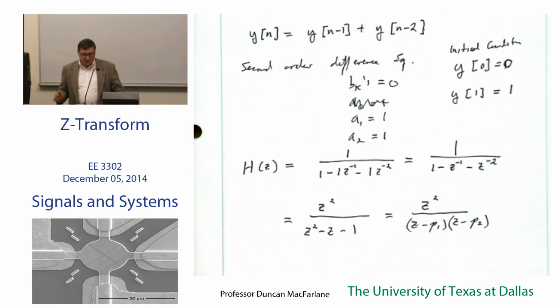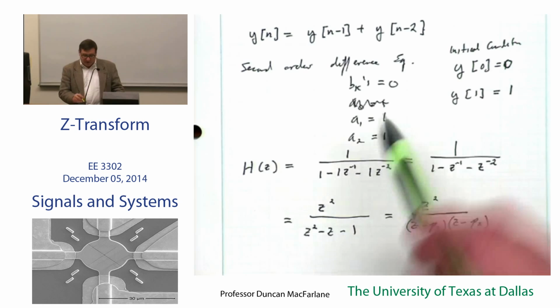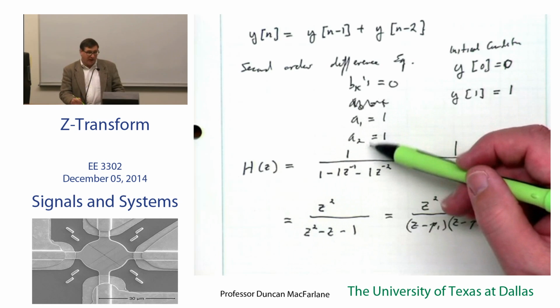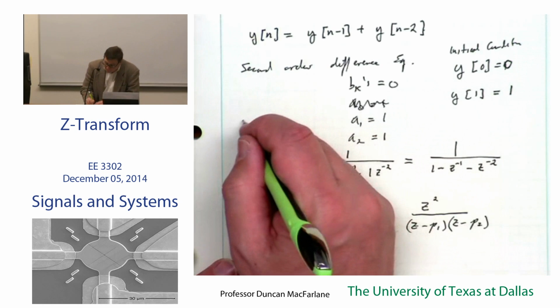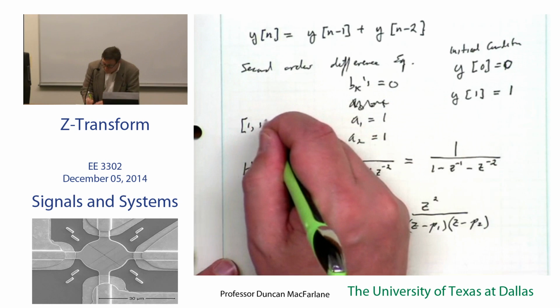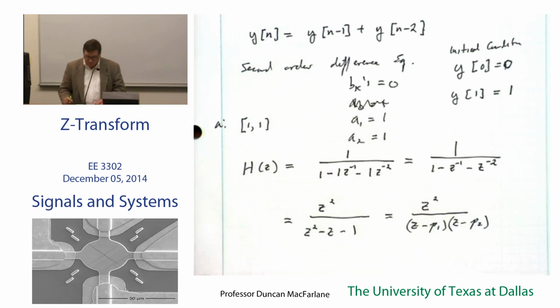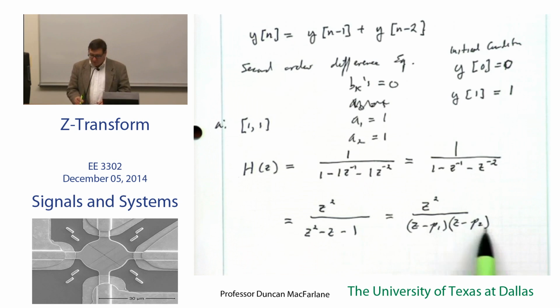So it's a second-order system characterized by two coefficients, an A1 and an A2. My A vector here will be 1, comma 1, and I could also write this as a vector P1 and P2.